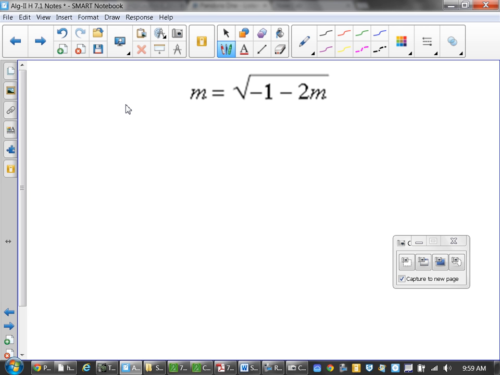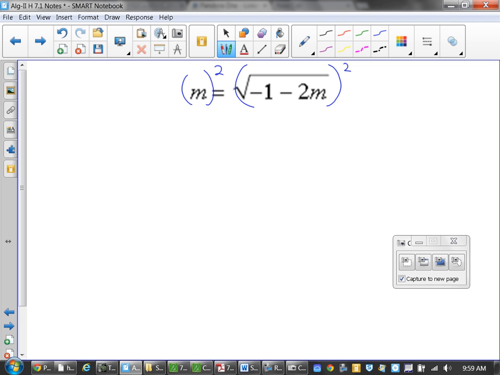What I have here is m equals the square root of -1 minus 2m. And we need to solve for m, which means you need to get rid of the nth root. So you square that. I square both sides of the equation. Are you okay with that? So the square root of junk squared is junk. So I square both sides. Do I have to worry about plus minus here? No, I don't. I'm just squaring it. It doesn't matter.